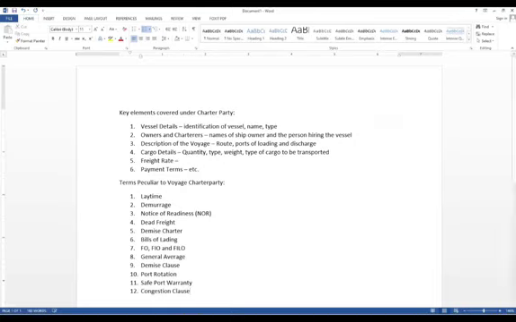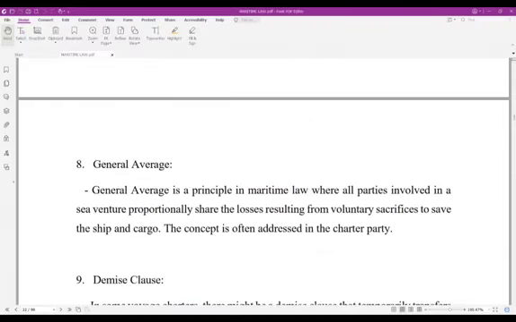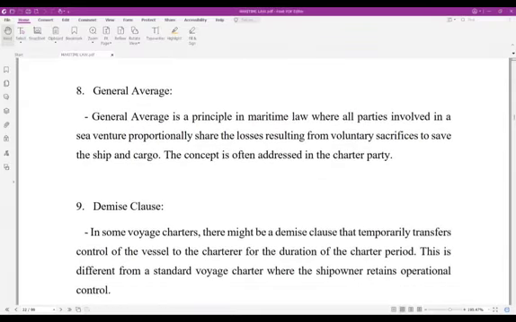Now let's talk about the general average. The general average is a principle in maritime law where all parties involved in a sea venture proportionally share the losses resulting from voluntary sacrifices to save the ship and cargo. The concept is often addressed in the charter party.